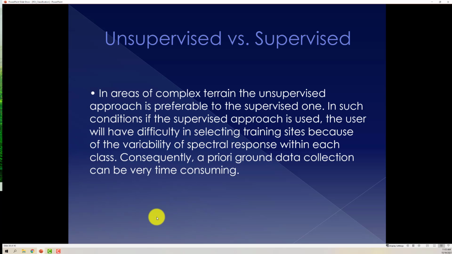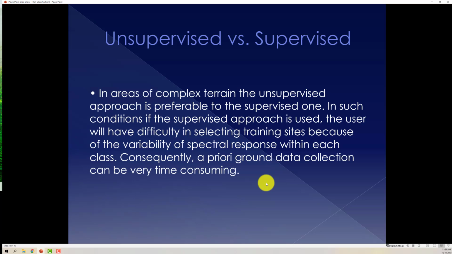For instance, areas that are near rivers, and there's a big distinction between a narrow band along the river and then the vegetation that spreads out away from the river. So in that case, unsupervised might work well for you.